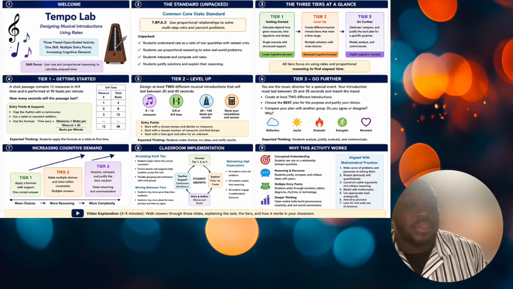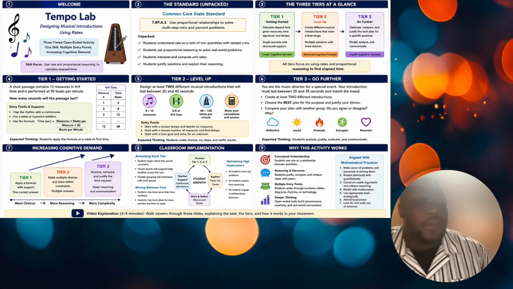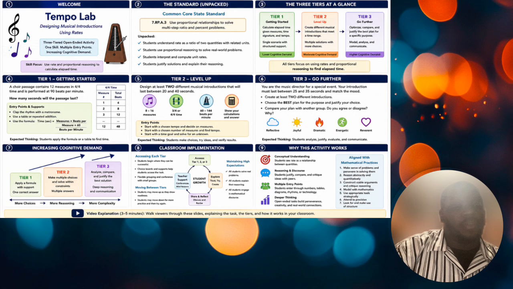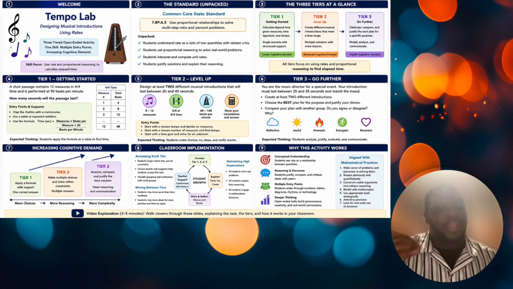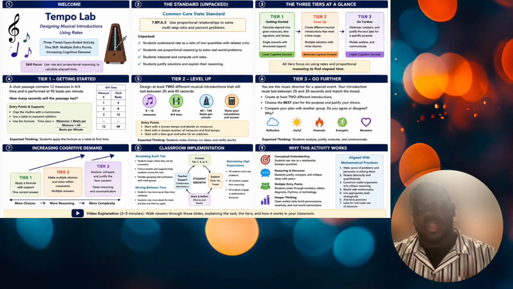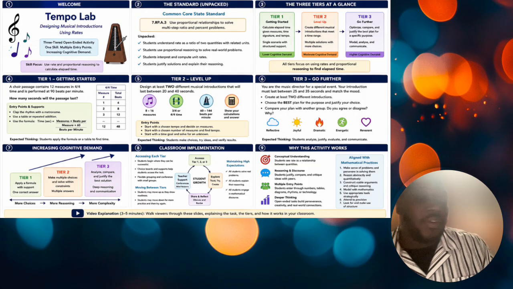As we're going through these tiers, in tier one, they're applying a formula. In tier two, they're making multiple choices. In tier three, they're becoming experts and communicating why they feel the way they feel about the choices they're making.